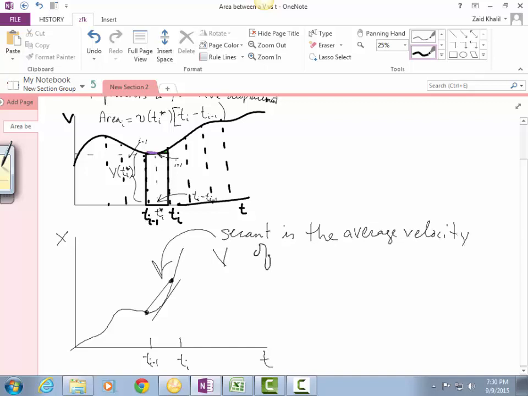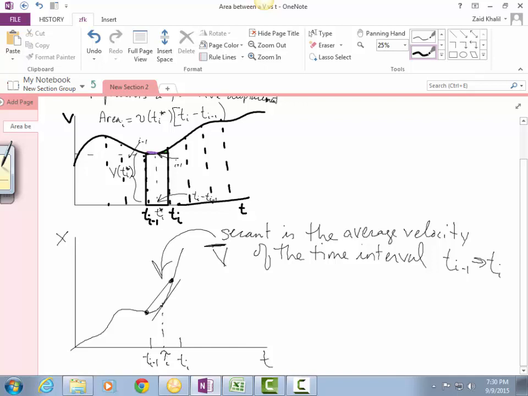Of the time interval t_{i-1} to t_i. And so there's going to be some point, call it tau i, such that the instantaneous velocity at tau i is equal to the average velocity over that interval.